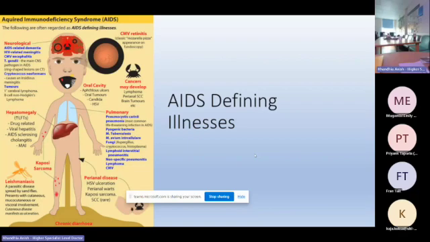The biggest ones, however, are things like toxoplasmosis, which is T. gondii, and cryptococcus within the brain, which we'll go into, and then things like tuberculosis and fungal disease in the lungs again, which we'll go into as they're common causes for admission to intensive care.